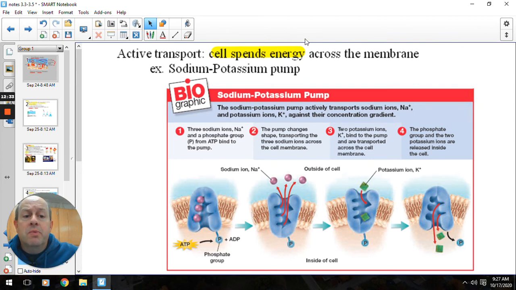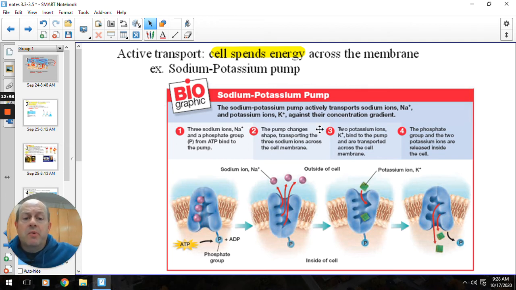Maybe you are going against an electrostatic gradient, so you have positive and negative issues that you have to go against. Or the particle could be too large, so we have to spend energy to get the particle across the cell membrane that way.